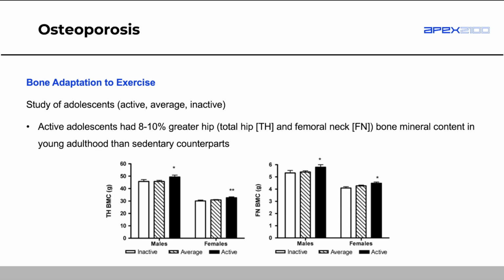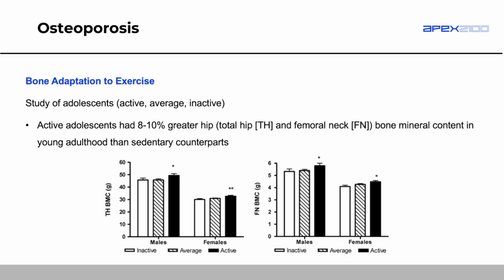If we look at bone adaptation to exercise, this study looked at adolescents and grouped them into active, average, and inactive groups. And you can see there's TH BMC on the first graph and then FN BMC. So TH is looking specifically at the hip, and FN is looking at the femur, so the long bone in the upper leg.